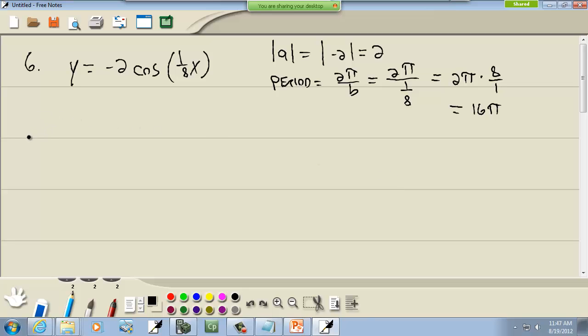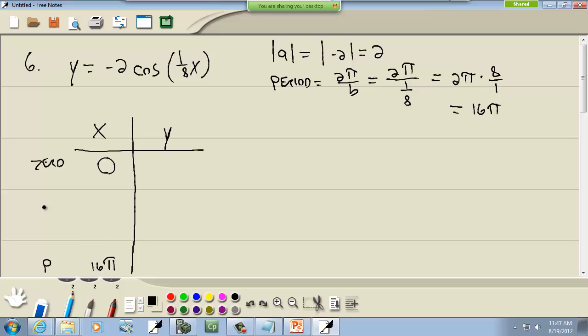So let's do our t-chart. This is 0, and this down here is our period, which is 16 pi.